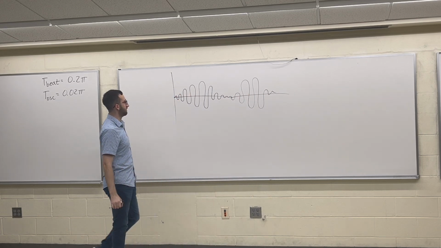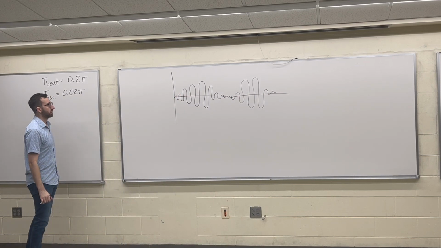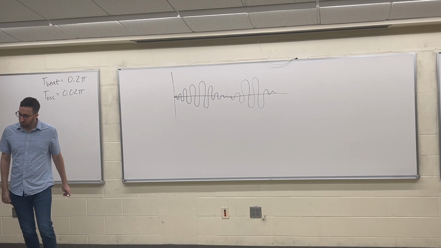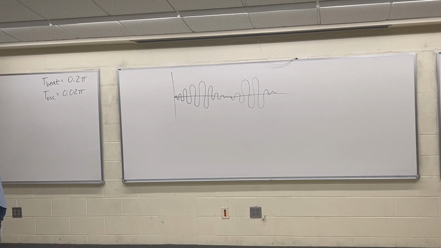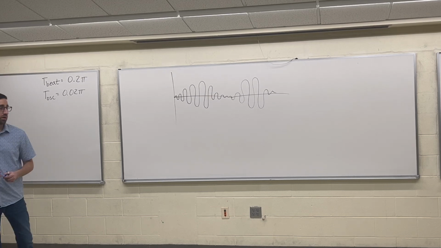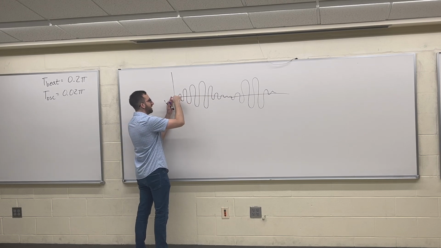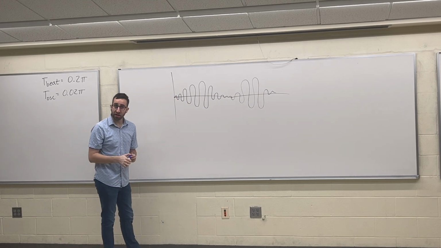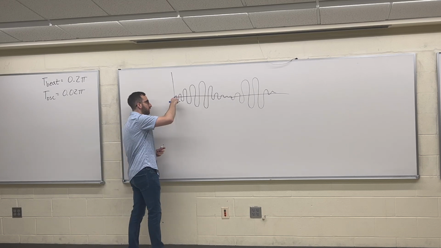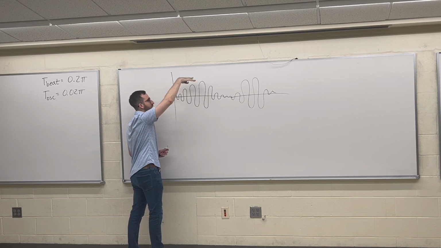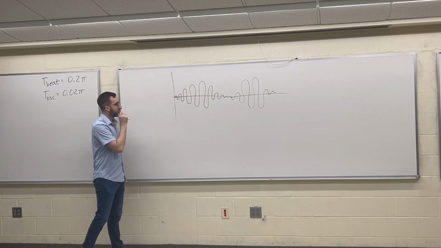I know that's not a horizontal line, but whatever. So we really have two types of frequencies at play in this problem. We have the frequency associated with the actual movement of the object. That's the little ripples here. Up, down, up, down, and it's getting bigger, bigger, bigger, smaller, smaller, smaller.